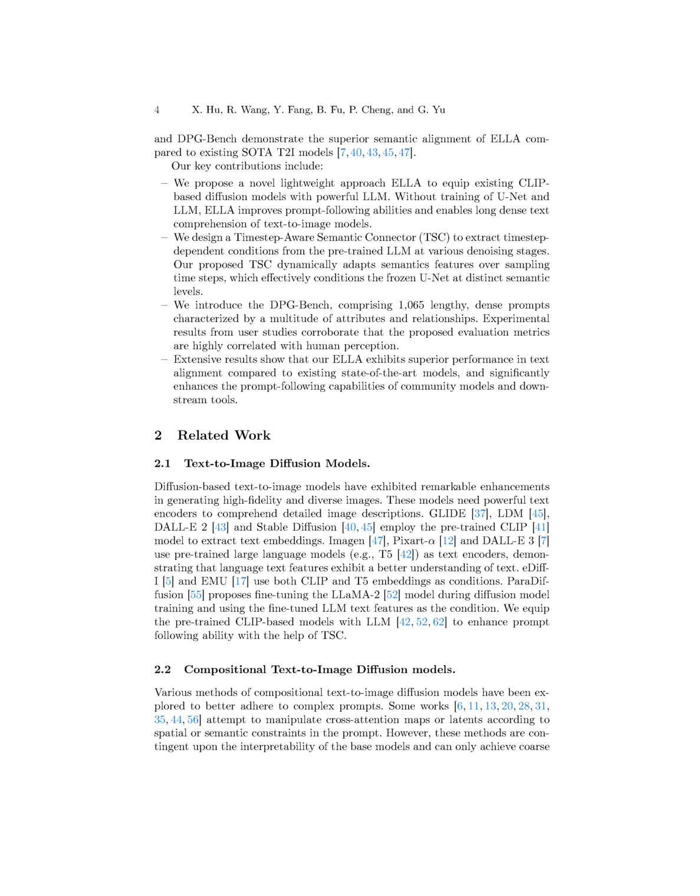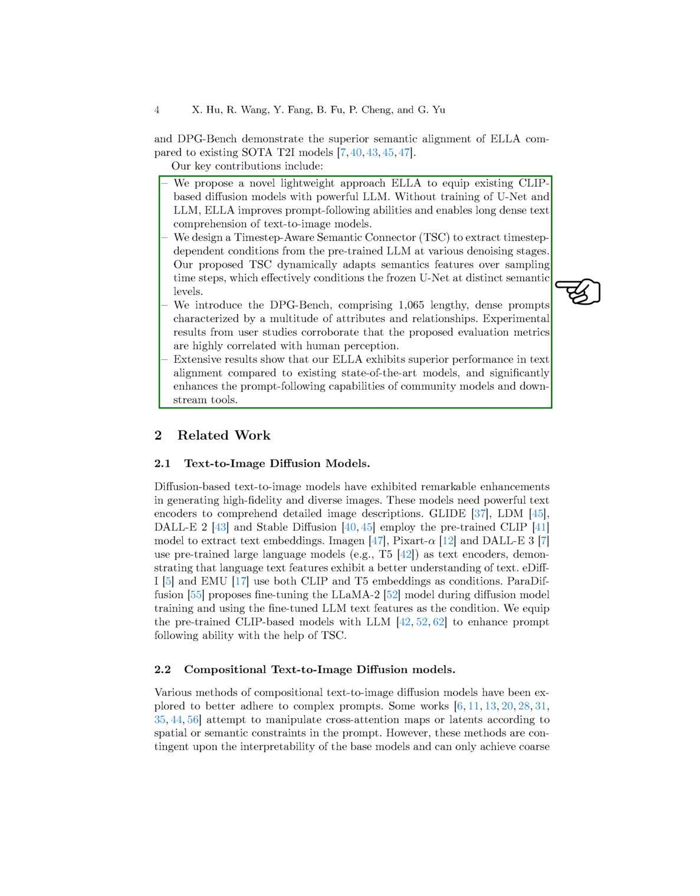To address these limitations, we introduce ELLA, a lightweight approach that incorporates LLMs efficiently, improving text alignment and comprehension without the need for full U-Net training. Our proposed time-step-aware semantic connector, TSC, dynamically adapts semantic features from pre-trained LLMs at different denoising stages, enhancing text-image alignment and enabling better comprehension of dense prompts.